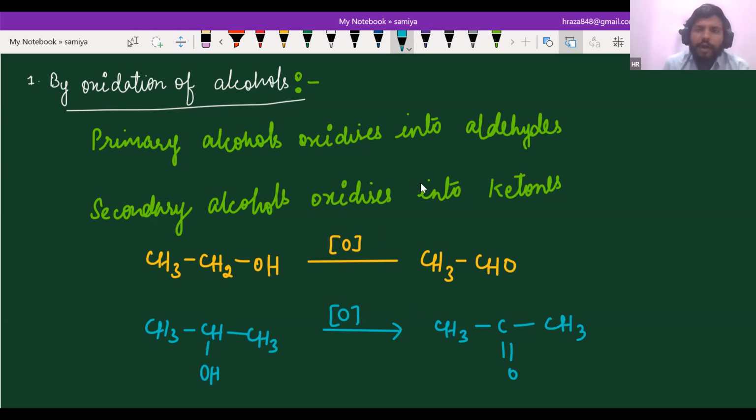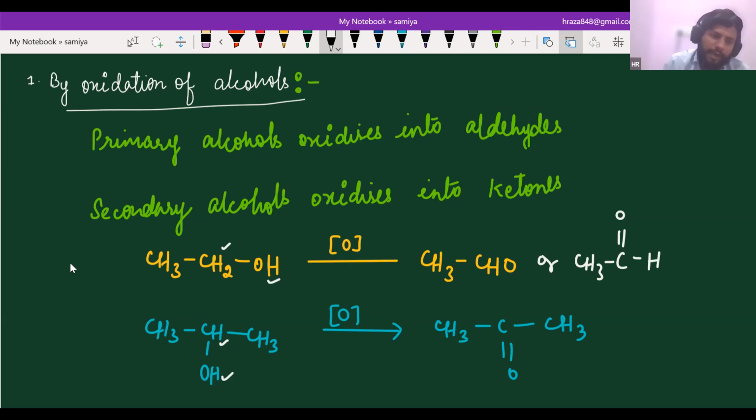So we just removed hydrogen. We removed hydrogen from here and a double bond formed, and again one hydrogen from here, so that this product formed. So we can easily prepare aldehyde as well as ketone by oxidation of alcohol. This is your primary alcohol, and this is your secondary alcohol.